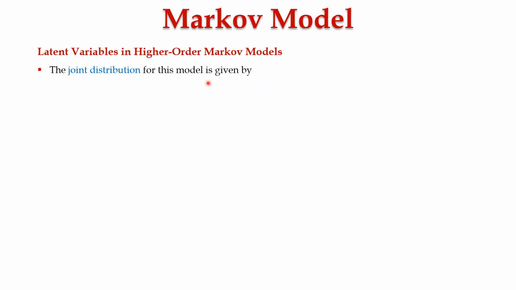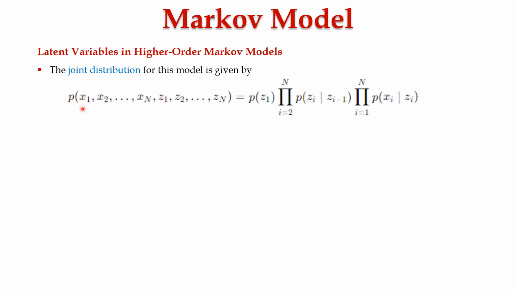The joint distribution for this model is given by probability of x1, x2 up to xn, z1, z2 up to zn, equals probability of z1 into the product from i equals 2 to n of probability of zi given zi minus 1, into the product from i equals 1 to n of probability of xi given zi.